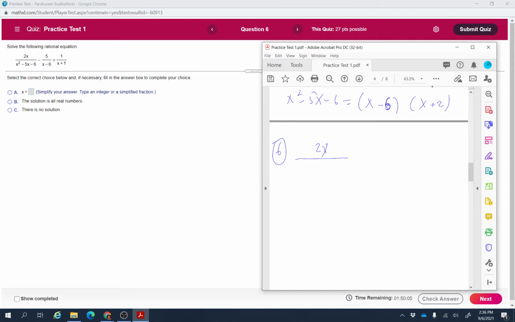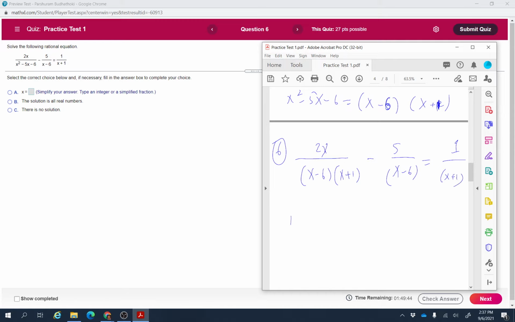So it should be negative 6 and 1. Negative 6 plus 1 is negative 5. So the factors on the left side, the first term is x minus 6 and x plus 1. The second term, it already has a factor x minus 6, and on the right side there is x plus 1.